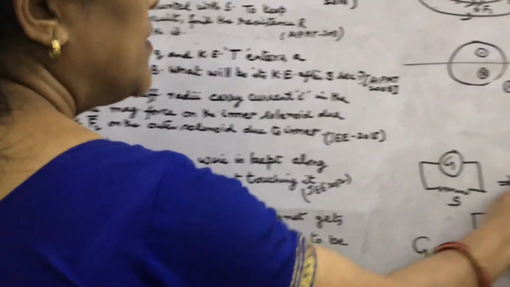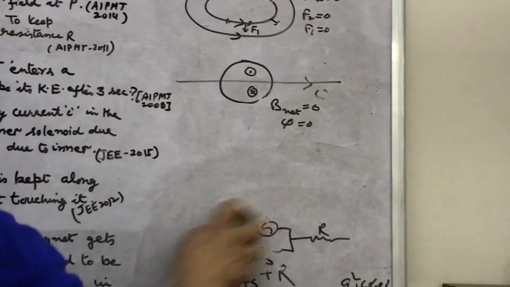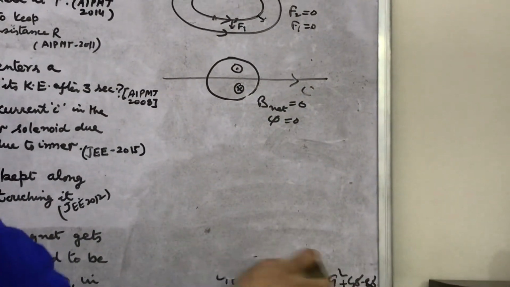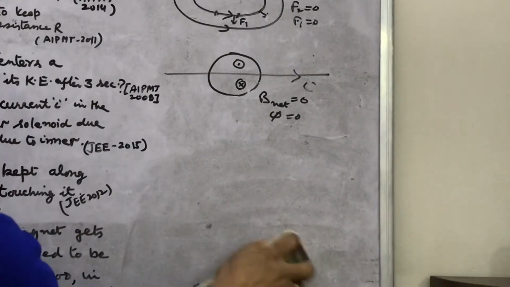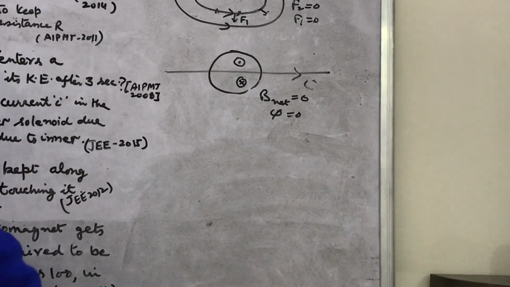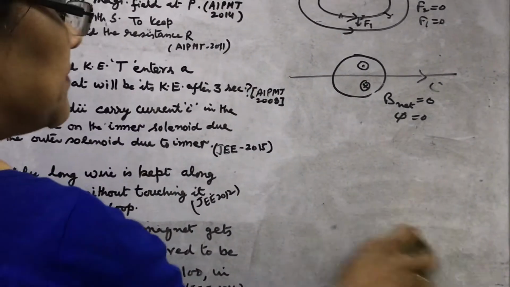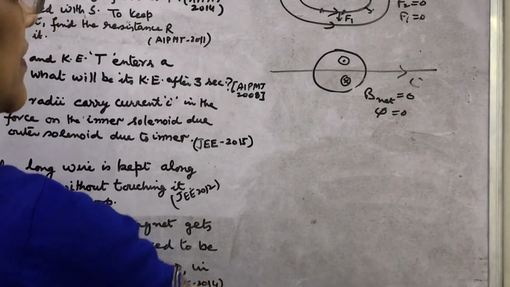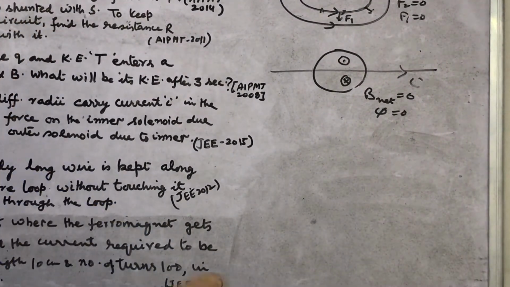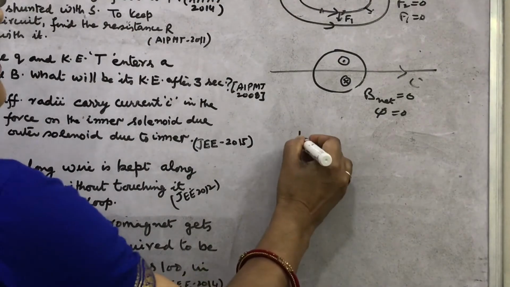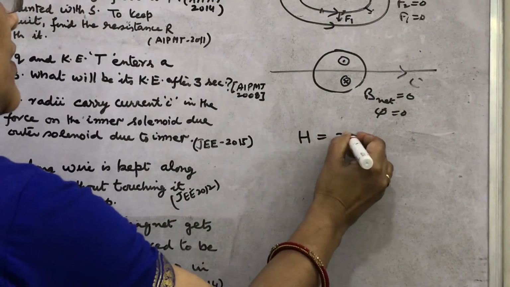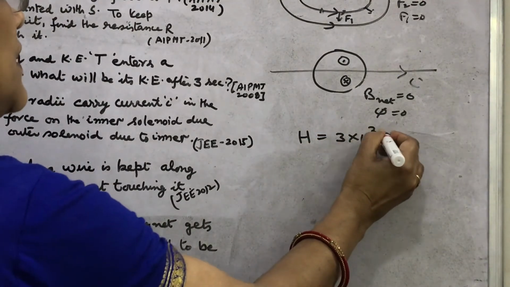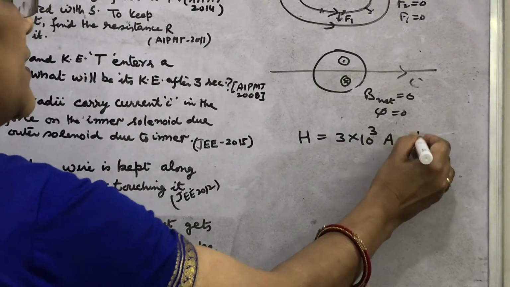Coercivity is that magnetizing intensity in the reverse direction so that the ferromagnetic substance placed inside the solenoid is completely demagnetized. So it is given here that H is 3 into 10 to the power 3 ampere per meter.